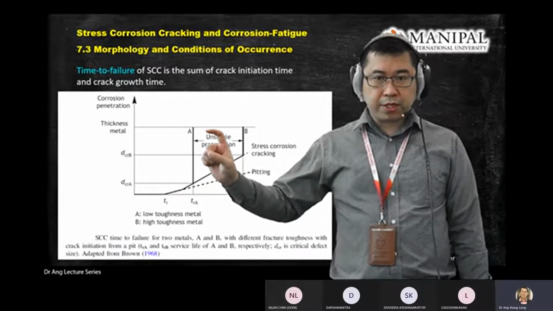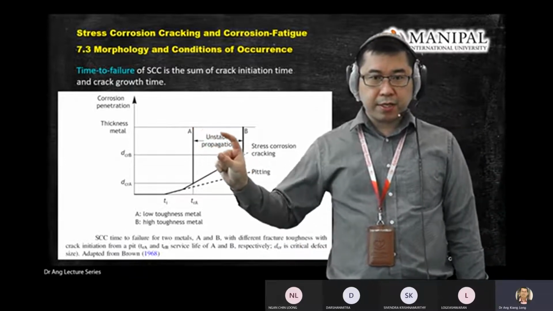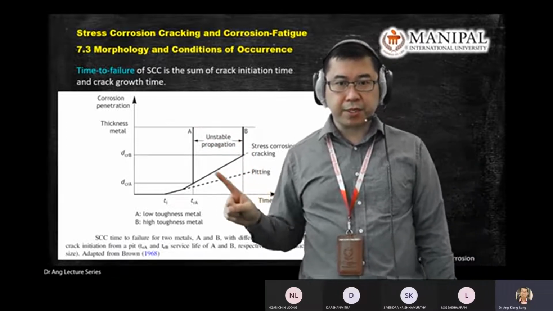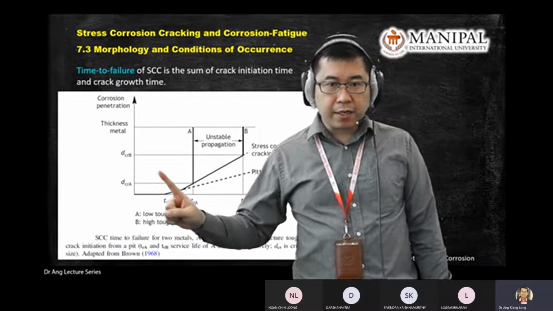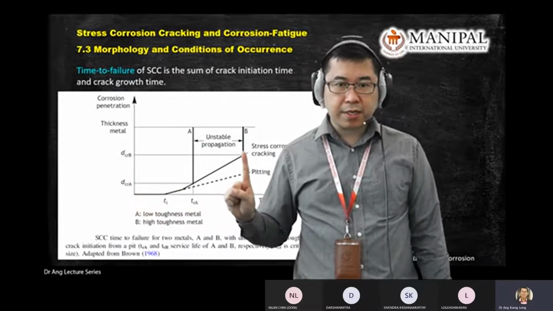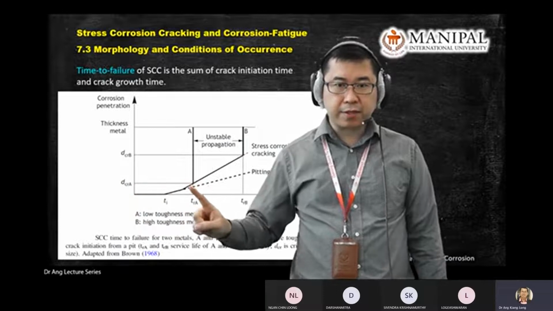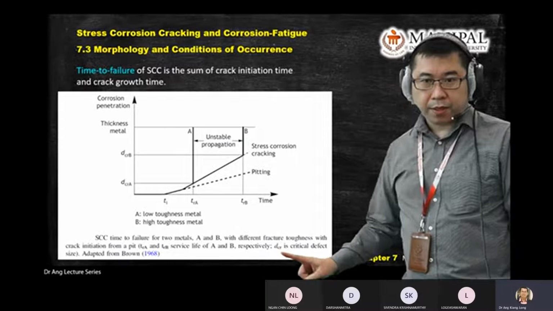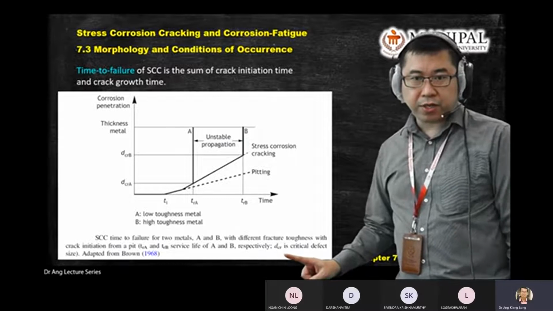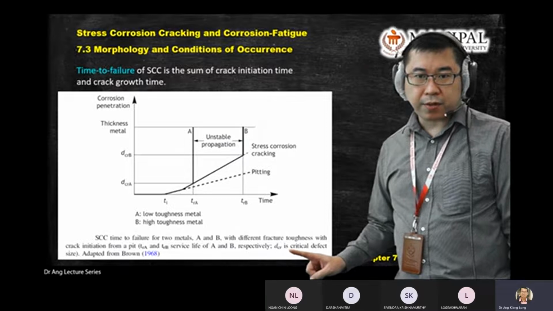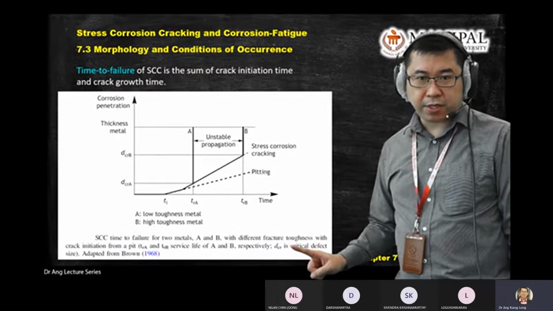On this graph, label this one. This region is unstable propagation, right? You have D_B is this one. D_A is this one. Do you have a critical thickness?